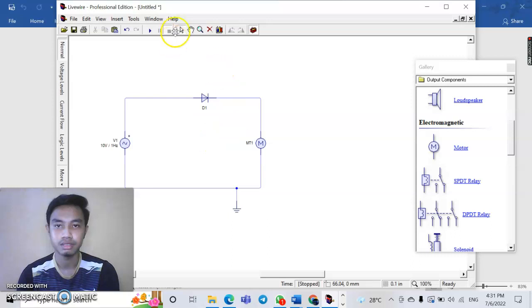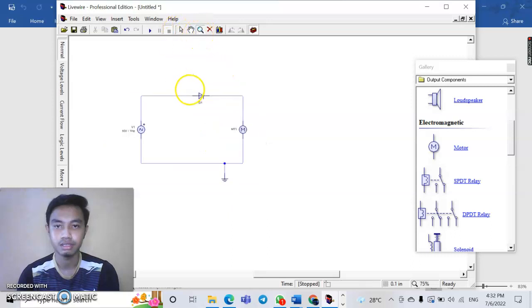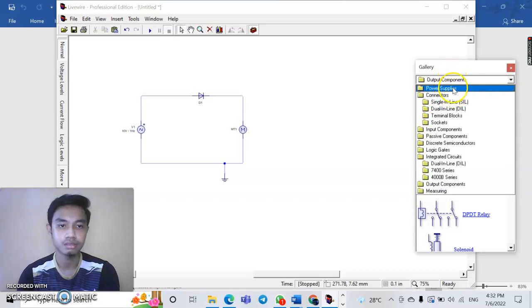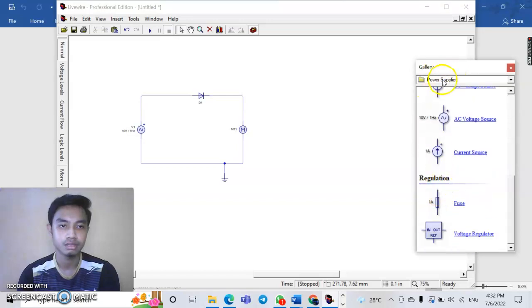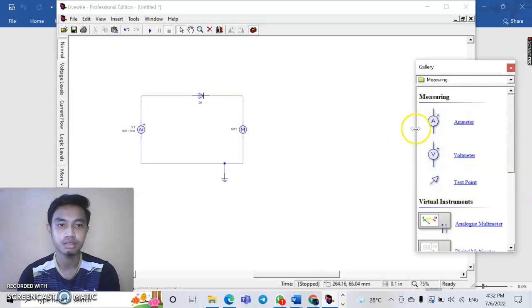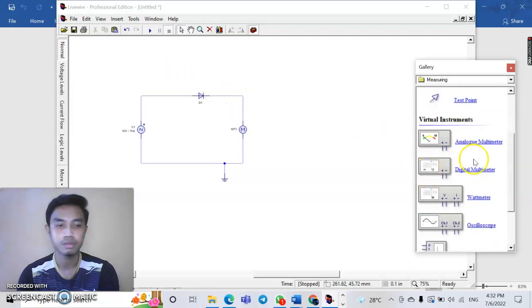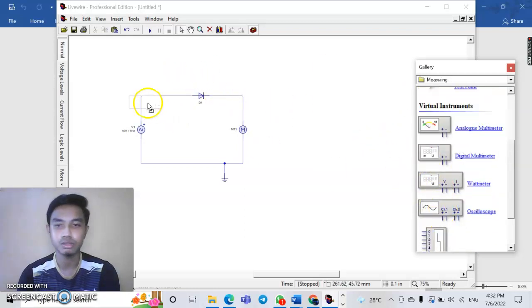Alright, after that, take the oscilloscope at the measuring. In this experiment, we need two oscilloscopes, to measure the AC power supply and the motor.